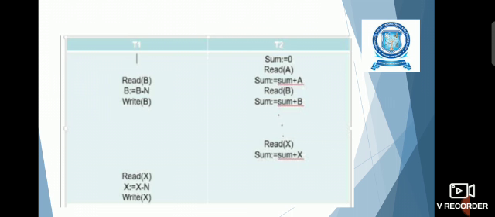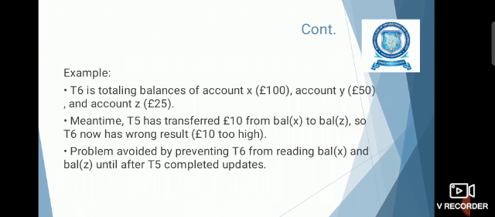So likewise it is calculating aggregate values. At the same time, another transaction T1 is modifying account B. So this leads to the incorrect summary problem.